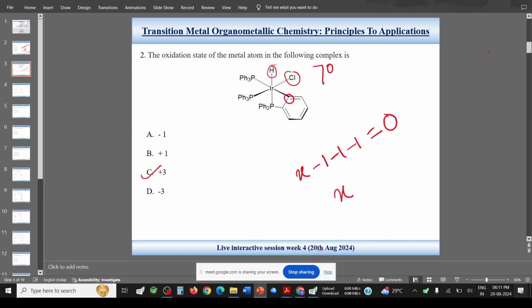So here X equals to +3. Here PPh3 is there, but that acts as a neutral ligand. So we have neutral ligand phosphorus and the 3 ionic moiety attached to this iridium. So the oxidation state is +3 in this complex.